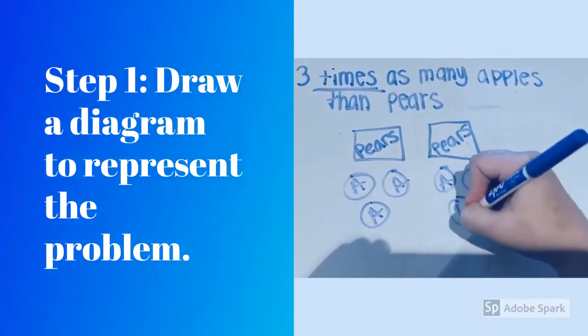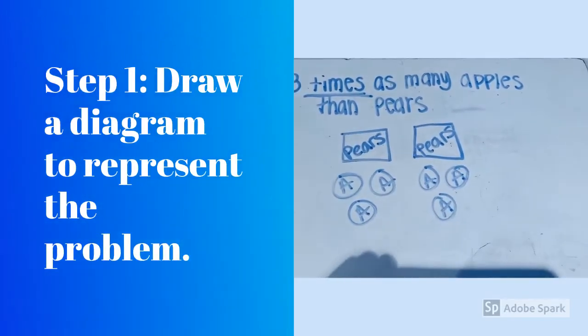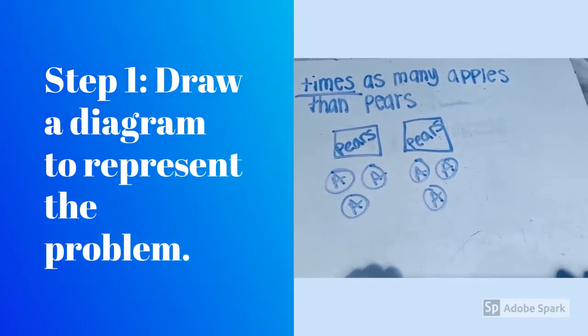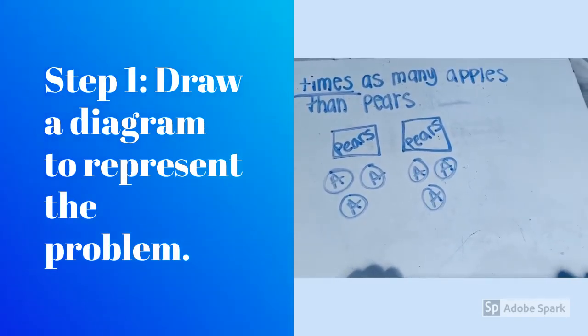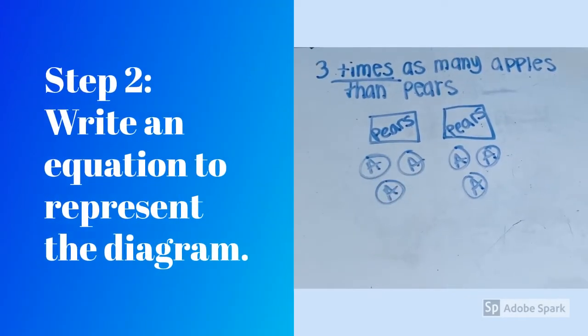So I'm just going to finish up labeling my apples, and then I will end up with 3 apples for each pear.